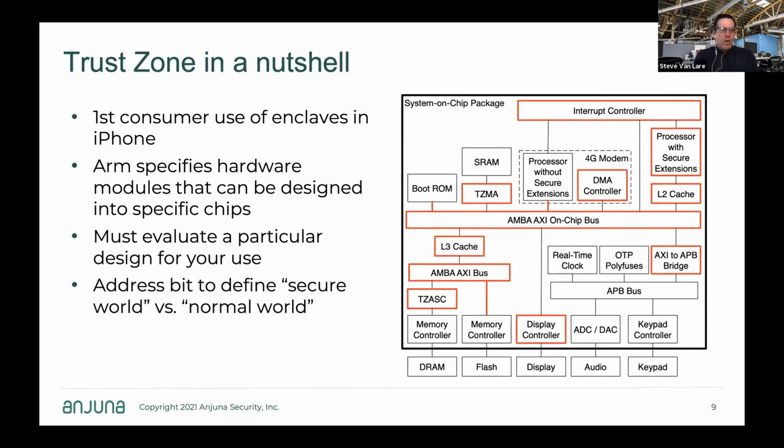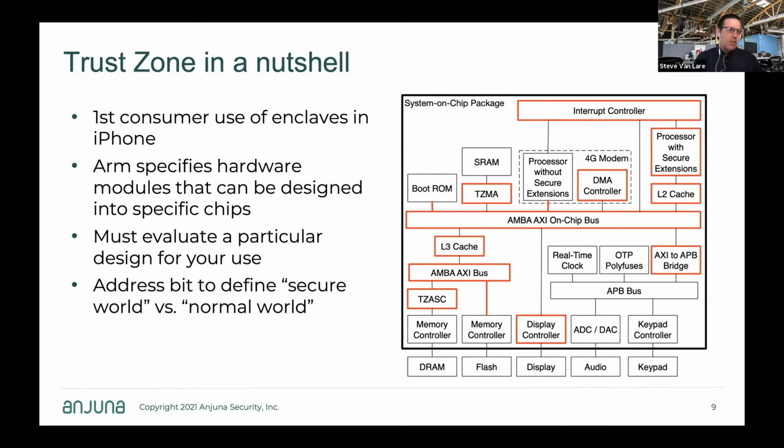Okay. So let me talk about Trust Zone. Trust Zone was the first consumer use of enclaves. So it is most likely the first enclave that any of us experienced on the iPhones. When they started putting in the biometrics, they took advantage of Trust Zone as part of the ARM chips and embedded into the iPhones the ability to store all the biometrics securely and do the actual biometric validation inside an enclave.